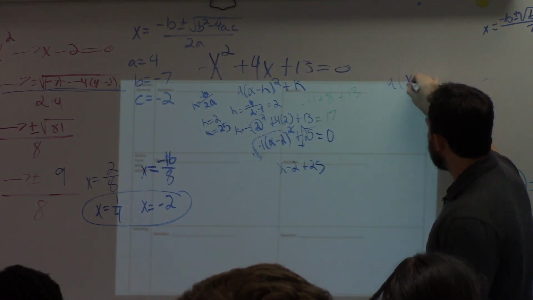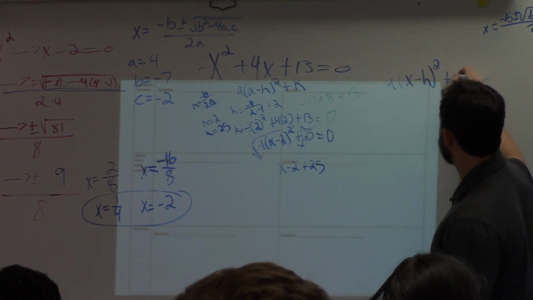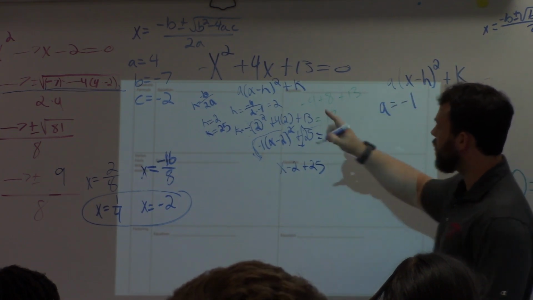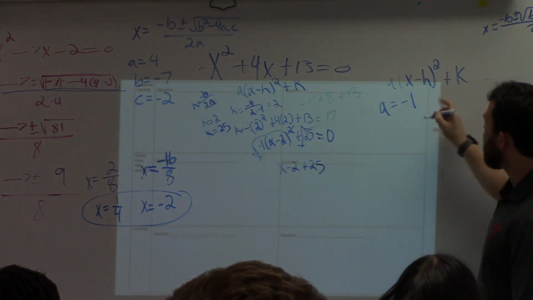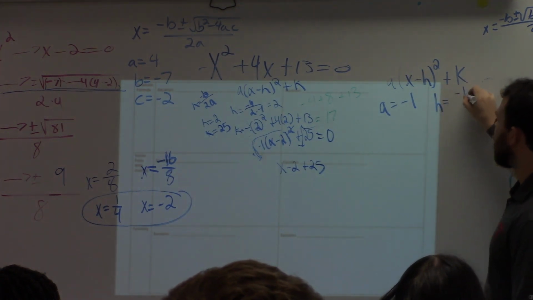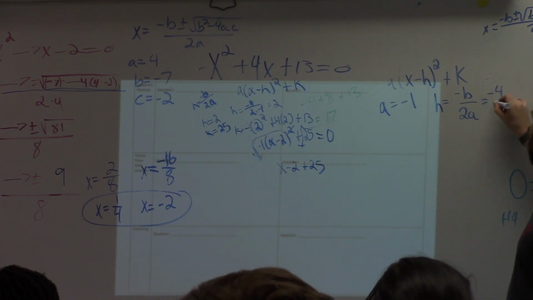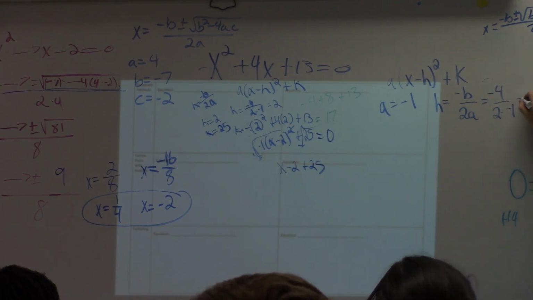But when we write this formula out, right, we should know, hey, A equals -1. You need to write A equals -1. Now I need H. They wrote out the negative B divided by 2A beautifully. They wrote out the -4 divided by 2 times -1, and they got an H of 2.